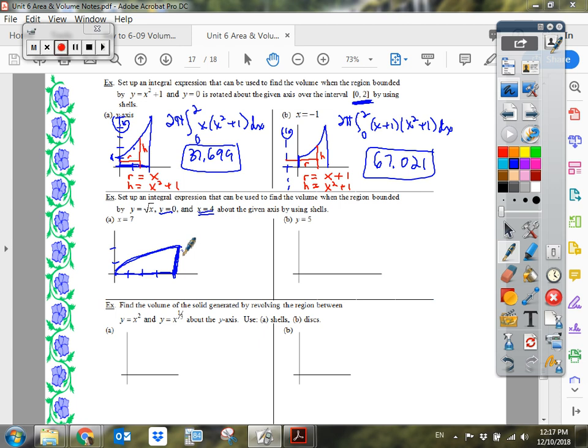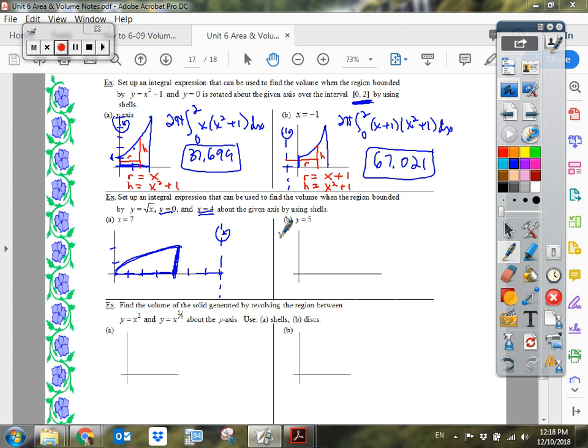Alright, so this one wants us to rotate it about the axis x equals 7. So 4, 5, 6, 7. So we're going to rotate about this axis. It's a vertical axis, so we need x's and x bounds. Okay.